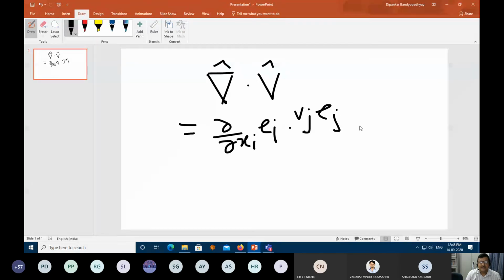Now ei dot ej is the dot product that comes in between. So ei dot ej will lead to delta ij, which is the Kronecker delta. So this will lead to del vj by del xi. Now when i equals j, this survives. So this will lead to del vi by del xi.